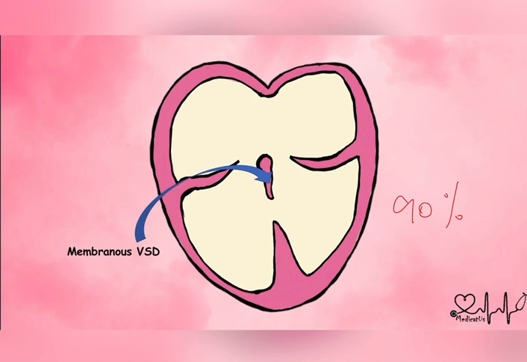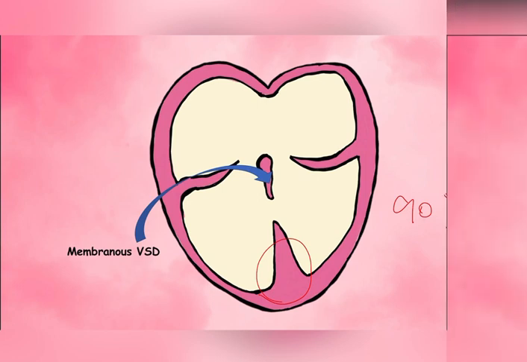But in some cases, it occurs below the pulmonary valve, leading to infundibular VSD, or within this muscular septum. Approximately 50% of small muscular VSDs close spontaneously, and the large defects are usually membranous or infundibular.